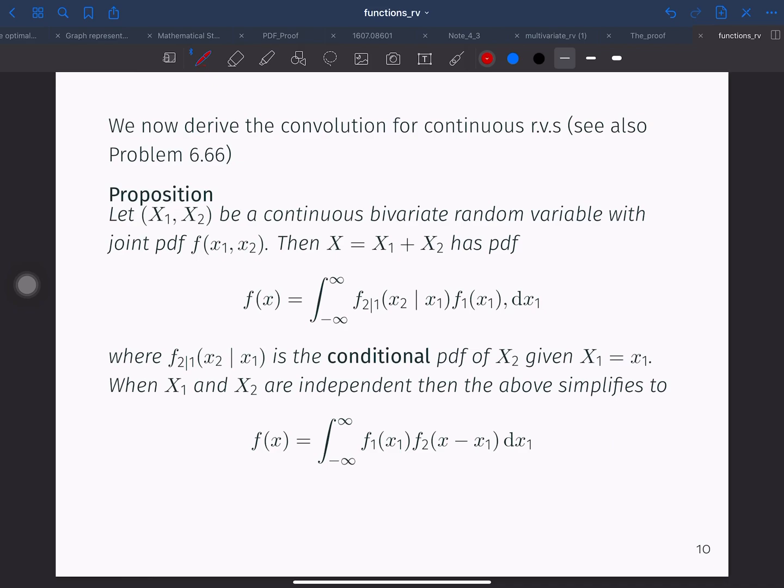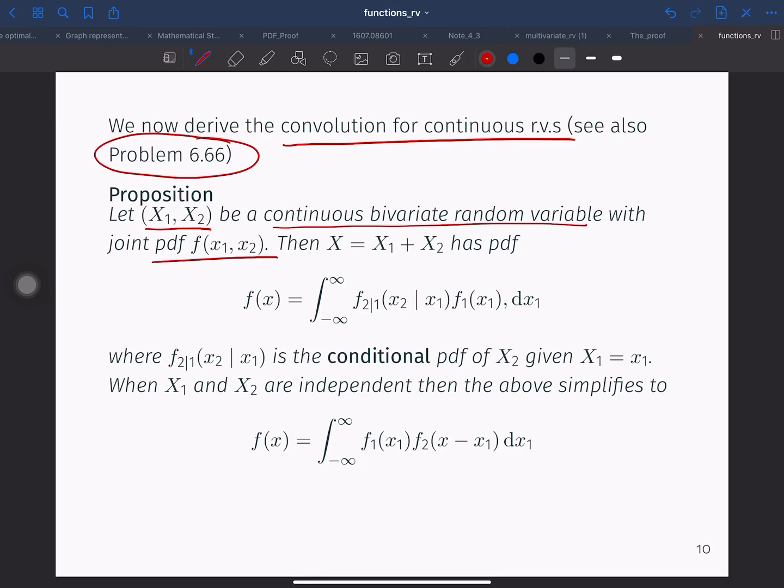Okay, so now let's move on to talk about the convolution for continuous random variables. You might also want to take a look at problem 6.66 in your textbook. But in any case, suppose I have a bivariate continuous random variable with a joint PDF little f of x1, x2.